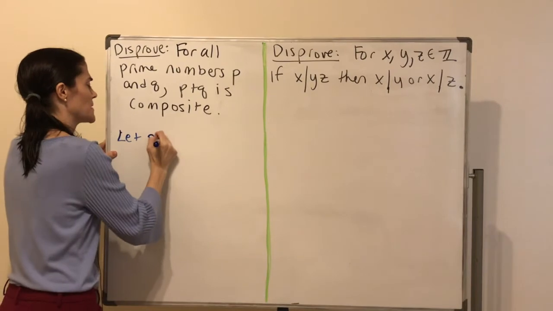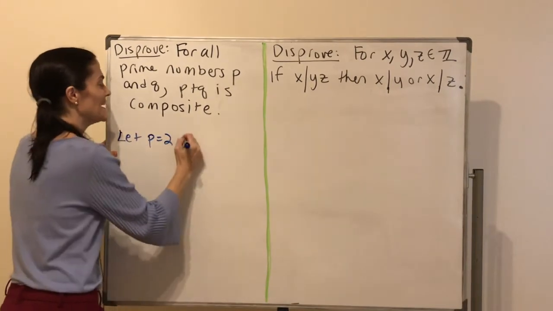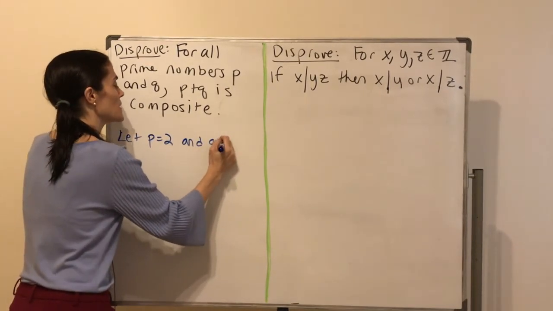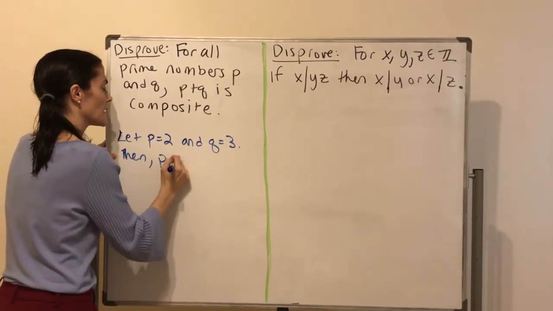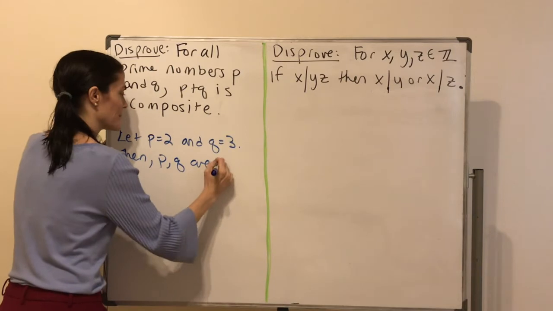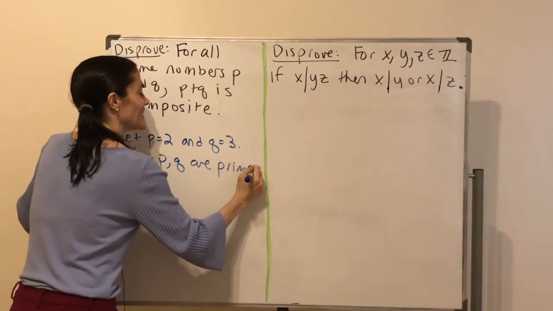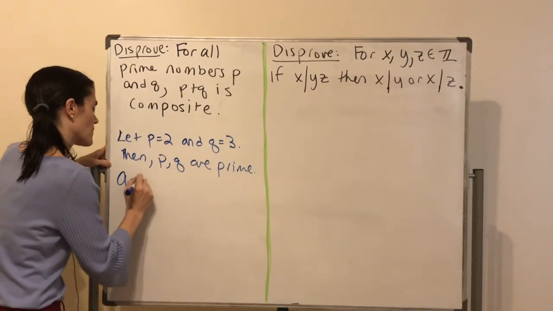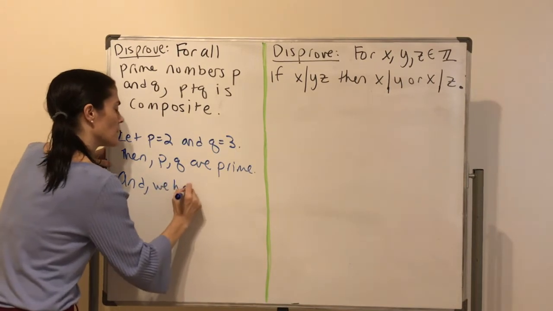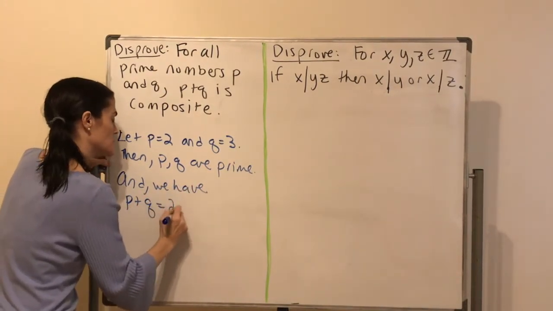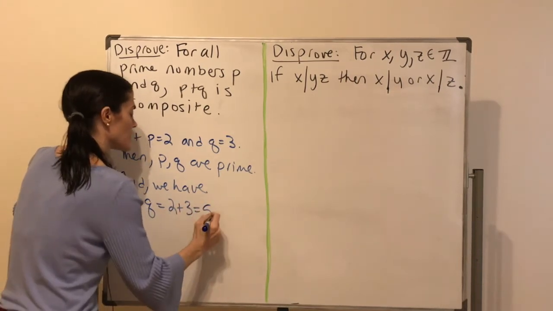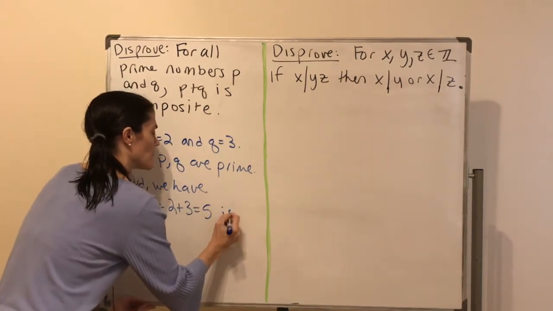We can just take, for instance, p is 2, and then we can take q is 3. Then both p and q are prime, and their sum is 2 plus 3, which is 5, and this is also prime.